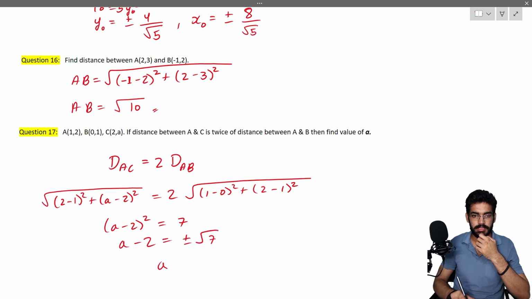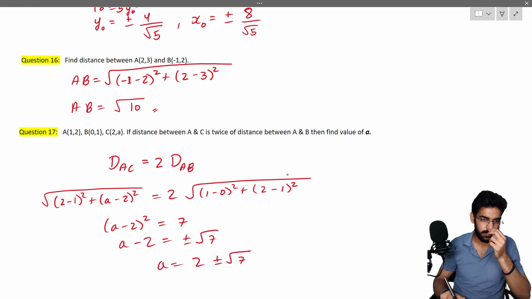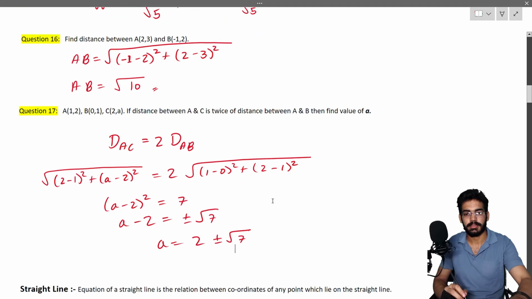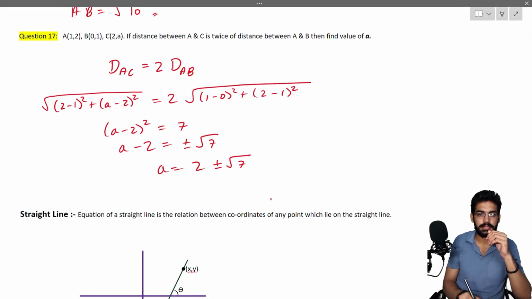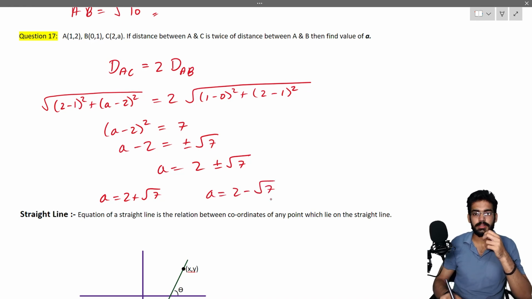So a is equal to 2 plus minus root 7. So here we have two values of a, that is a is equal to 2 plus root 7 and a is equal to 2 minus root 7, and both these values are going to satisfy the distance formula. So we have both as answers.